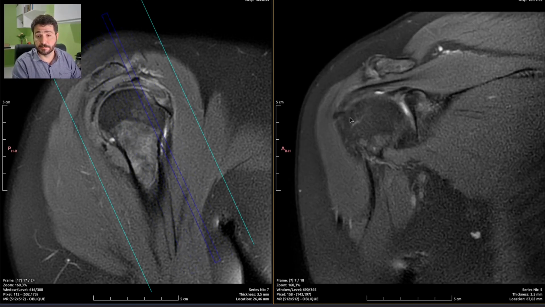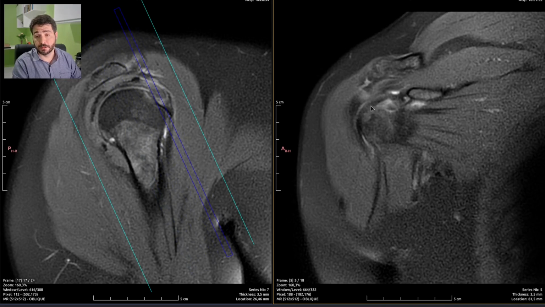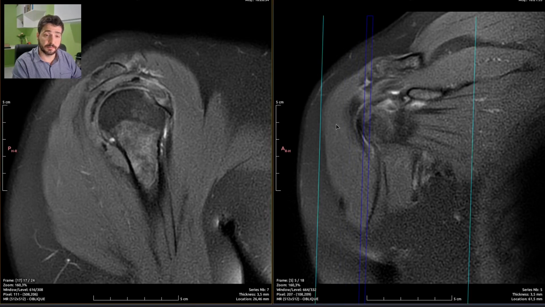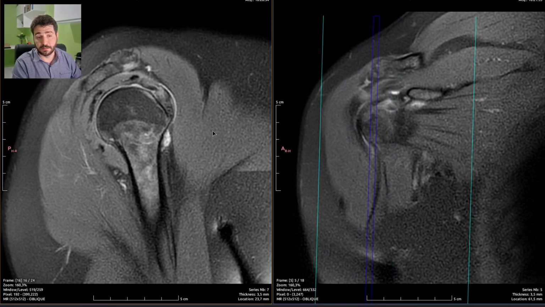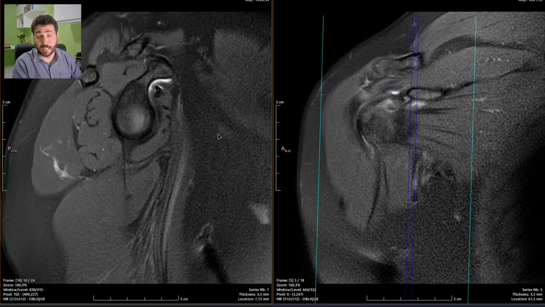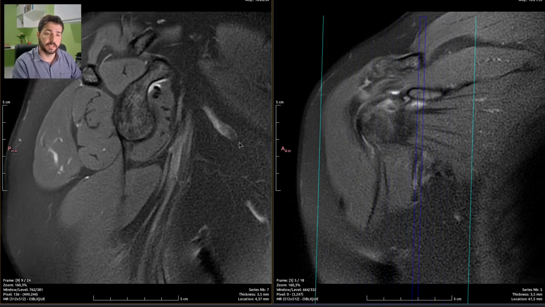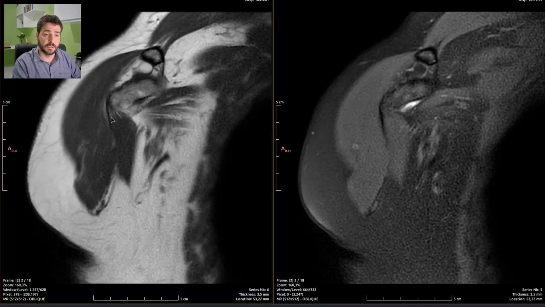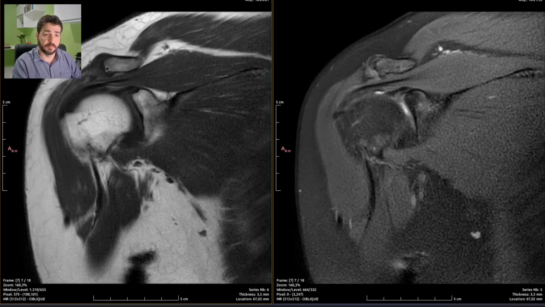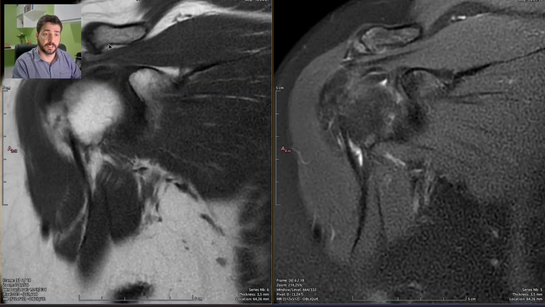So this is really common to have the biceps, the supraspinatus, and the subscapular tendon with the same signs of chronic and inflammatory acute disease. So there is also mild arthrosis of the acromioclavicular joint, as you guys can see right here.